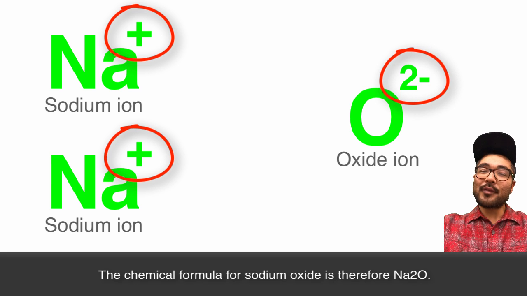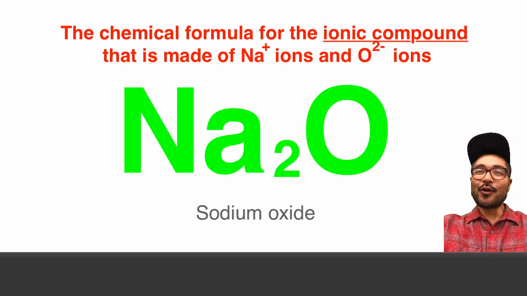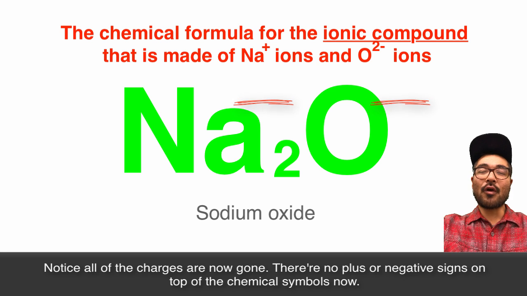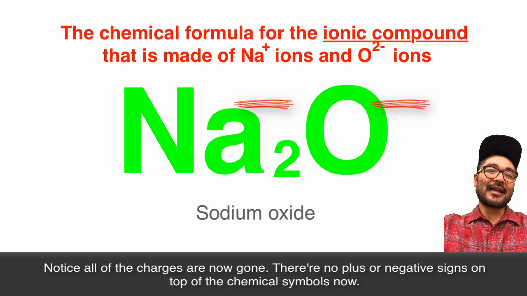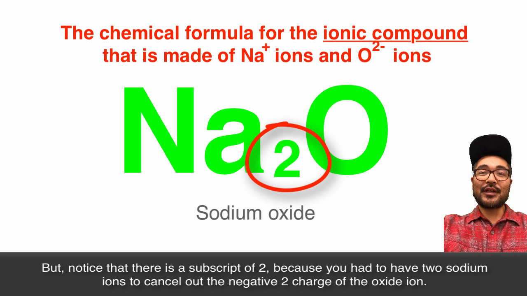The chemical formula for sodium oxide is therefore Na2O. Notice all of the charges are now gone. There are no plus or negative signs on top of the chemical symbols now. But notice that there is a subscript of 2 because you had to have 2 sodium ions to cancel out the negative 2 charge of the oxide ion.